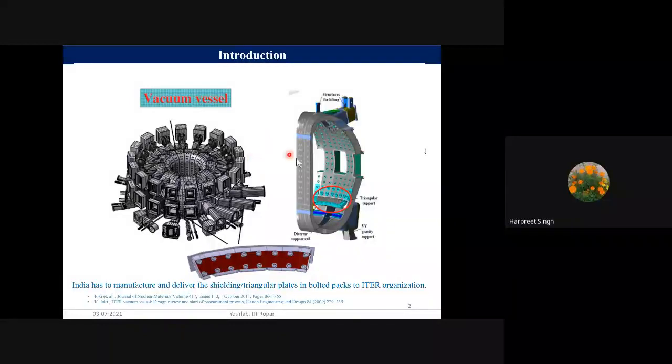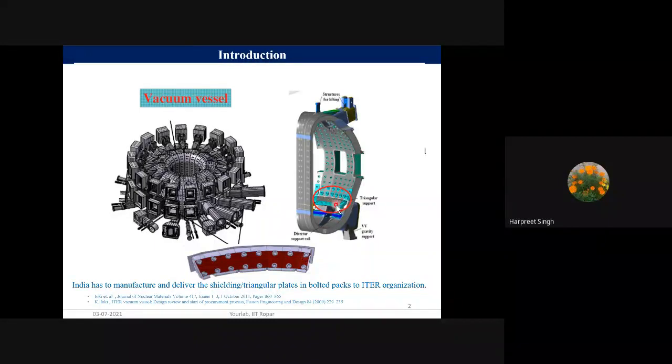We are focusing our attention on this one component, which they call the coil. Here they are putting what they call triangular plates actually. So this is the triangular support which they are providing here.